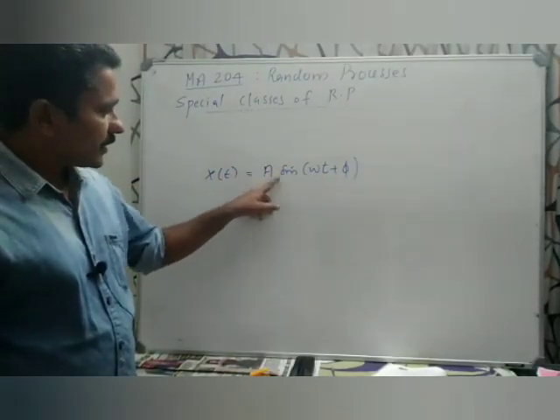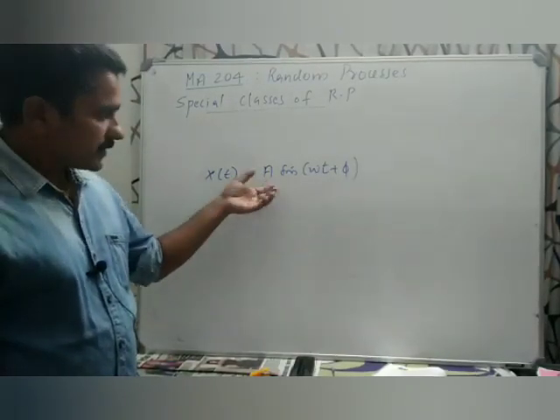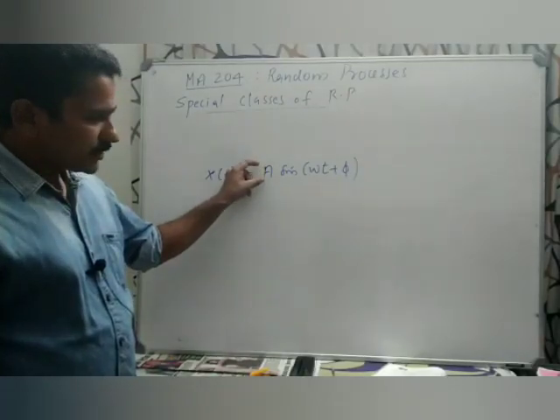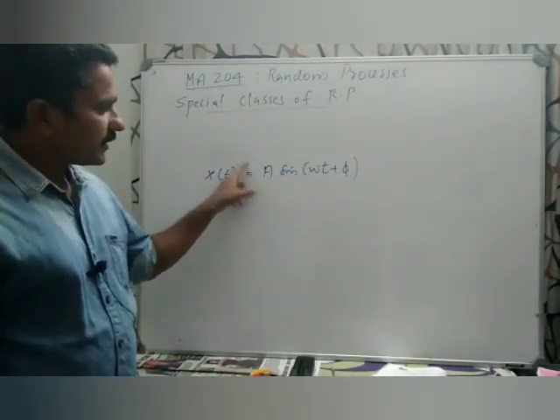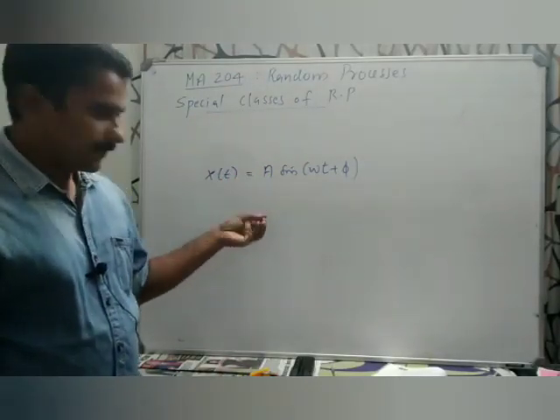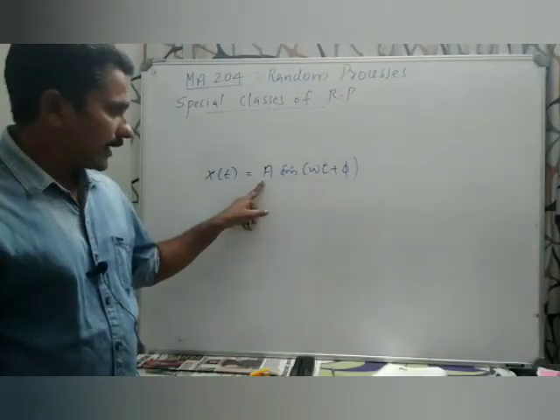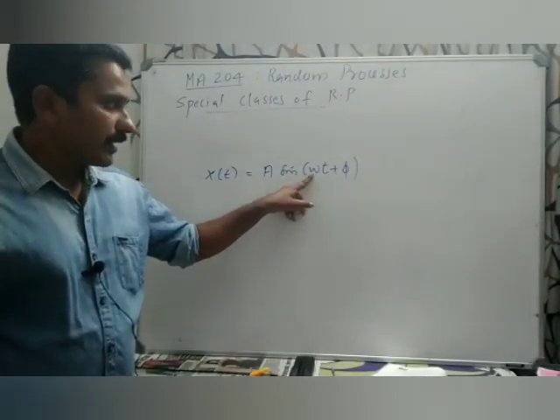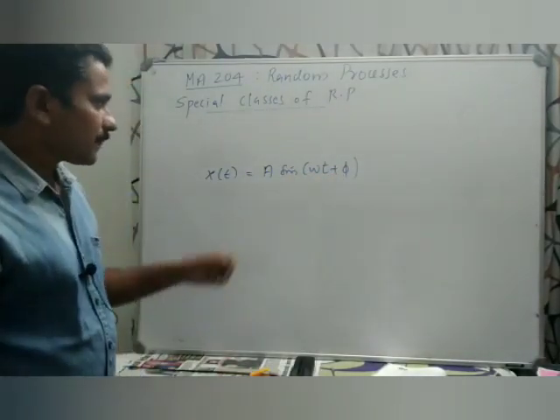But it's not always true that A will be deterministic. Sometimes when we receive a signal, the amplitude of the transmitted signal may not be the same as the amplitude of the receiving signal. So this amplitude can be a random variable, and this frequency can be a random variable, and this phase shift also can be a random variable.